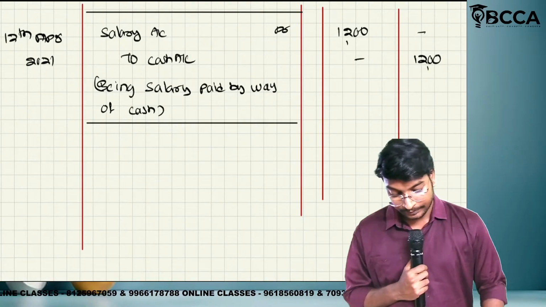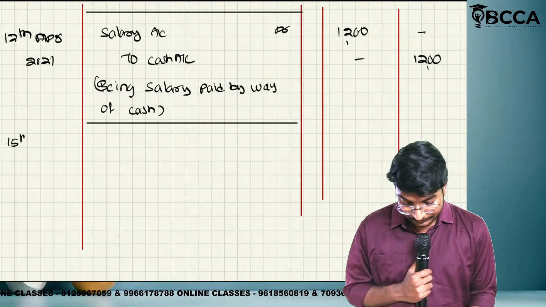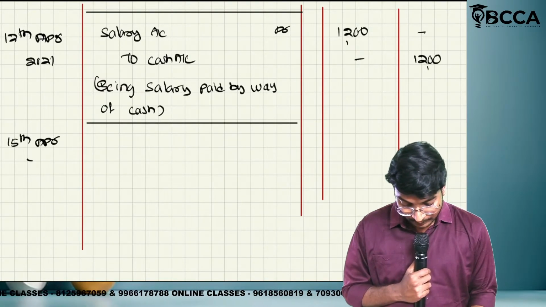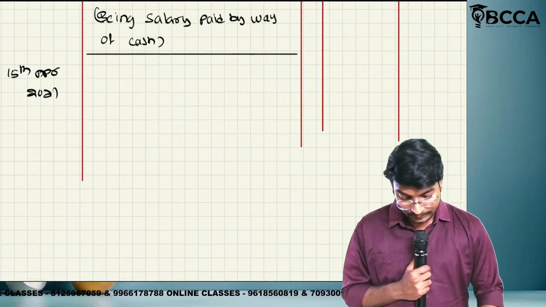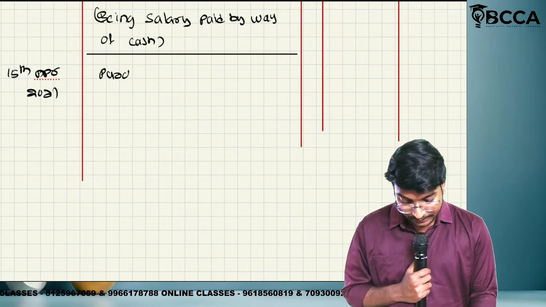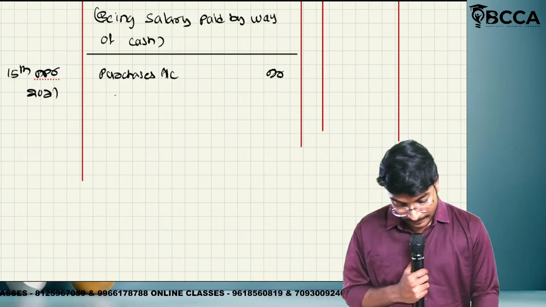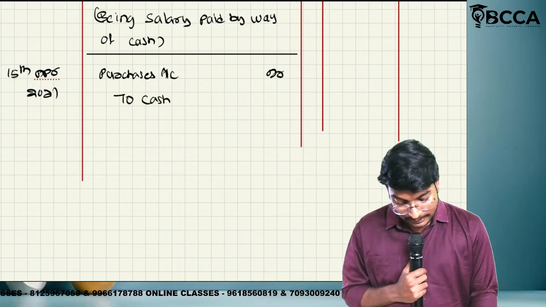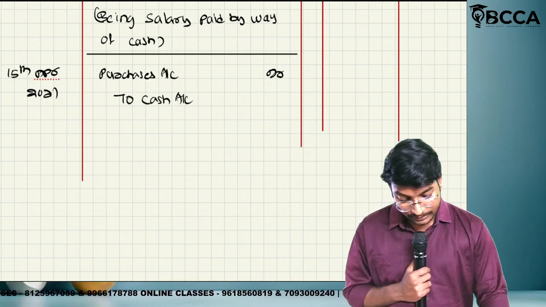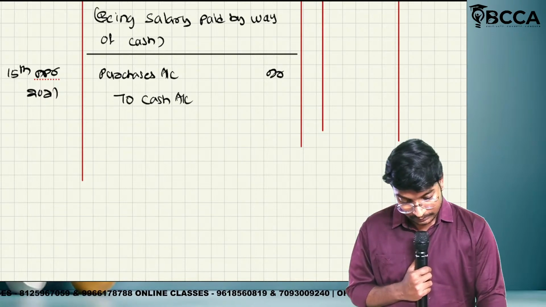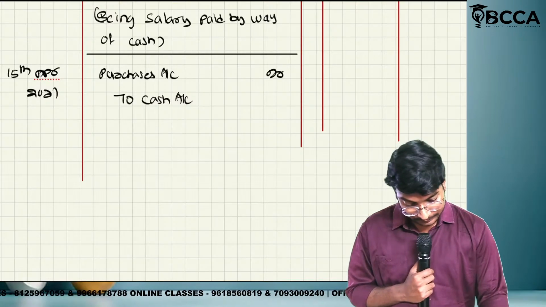3000. So 15th April 2021, purchases account debit to cash account. How much, ma? 3000.